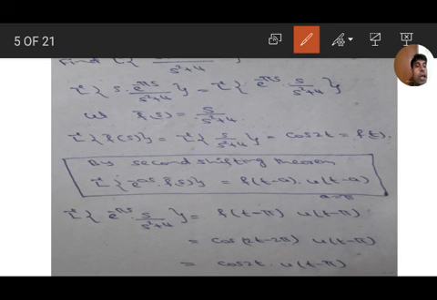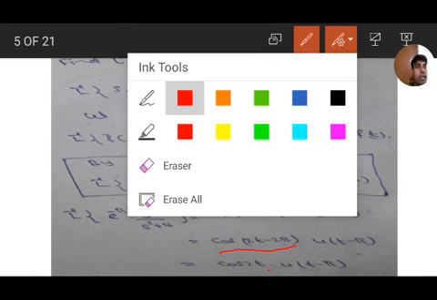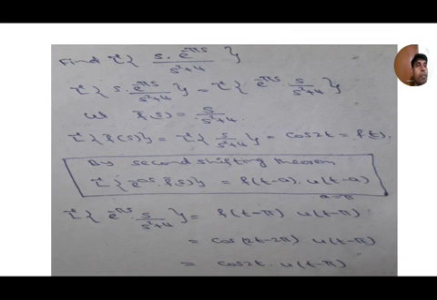Here cos of 2t minus 2 pi means cos of 360 minus 2t, that is cos 2t. Write down the problem.